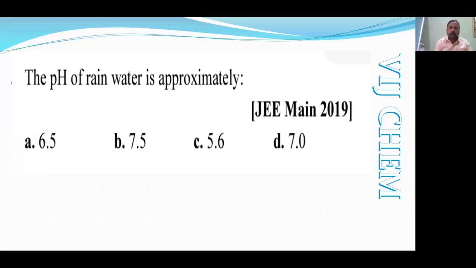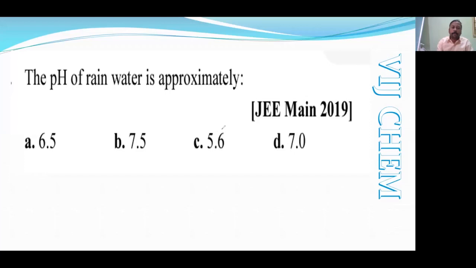Okay, this is the most repeated question: the pH of rainwater, approximately. Every time there will be this question and most people think, how to remember, why remember. But it is the most frequently asked question. Actually, this question is not to be remembered. Simply, you will hear of acid rain; you will never hear of base rain.